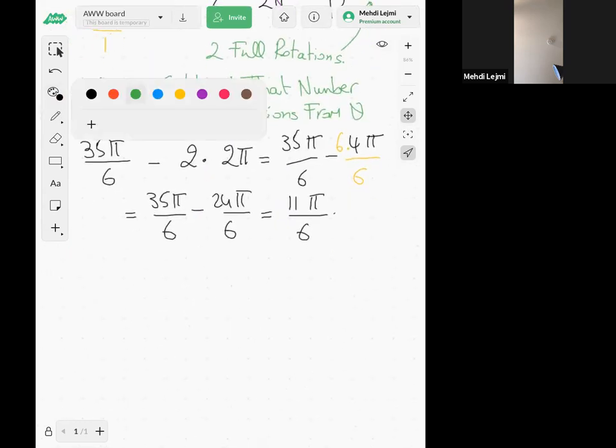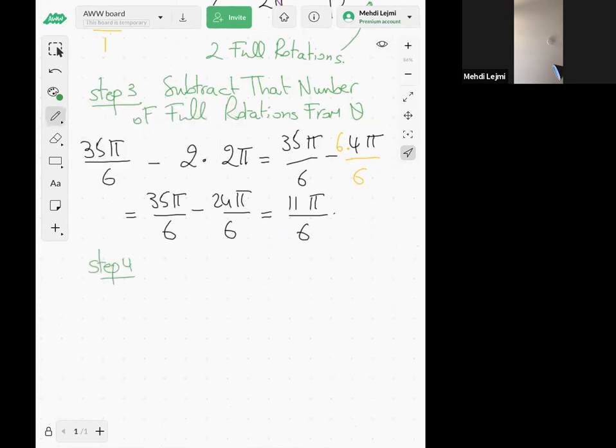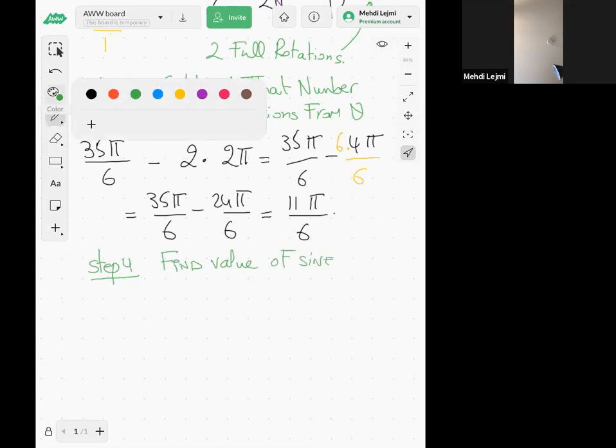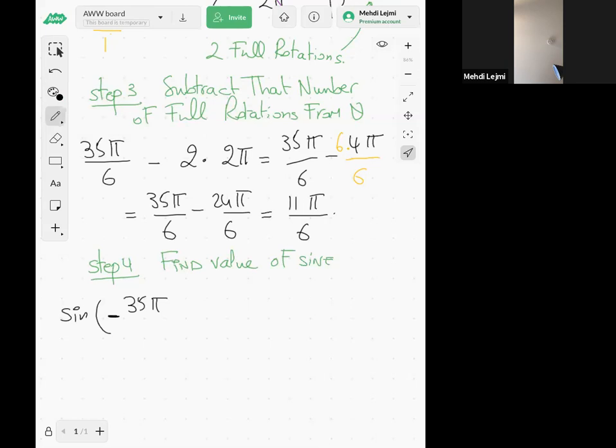Now I can compute, so step 4, I can find the value of my sine. We started with sine of negative 35 pi over 6. Now we said sine of negative 35 pi over 6, because sine is odd, is minus sine of plus 35 pi over 6.